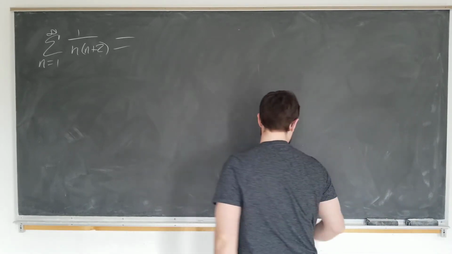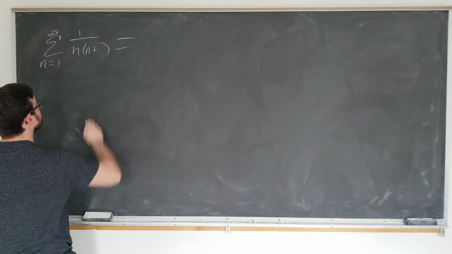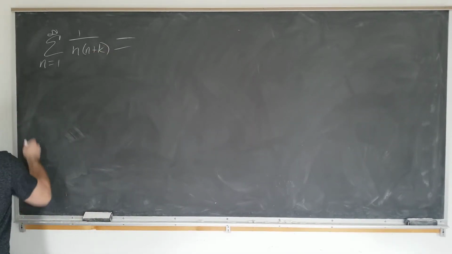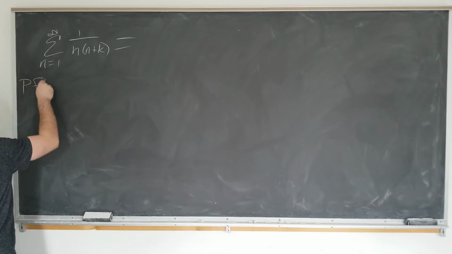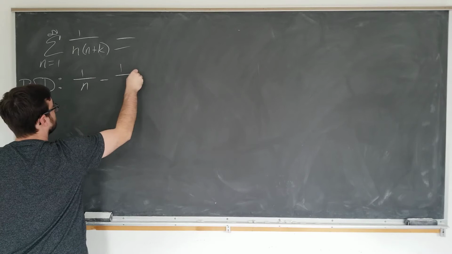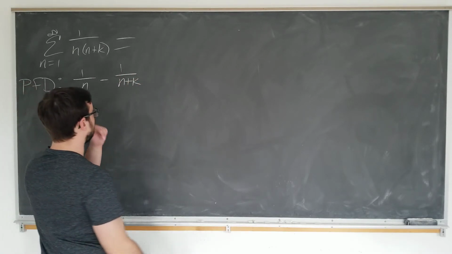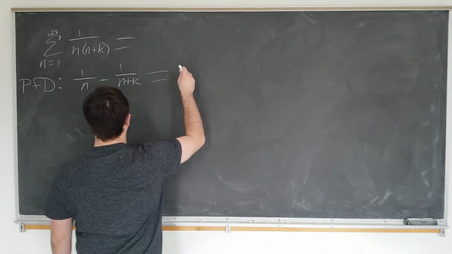Okay, so now we're going to replace 2 with k up here. And let's do a partial fraction decomposition again. Well, we're going to guess 1 over n minus 1 over n plus k. I'll just do it, it's easy.